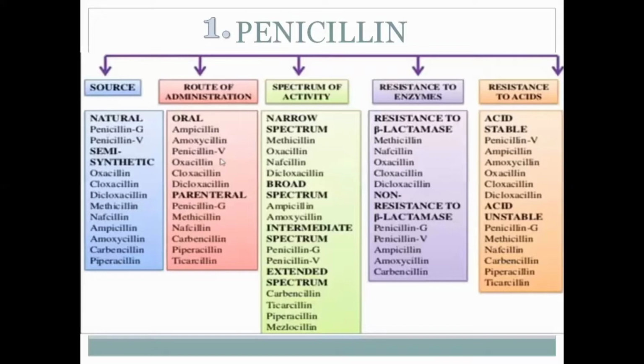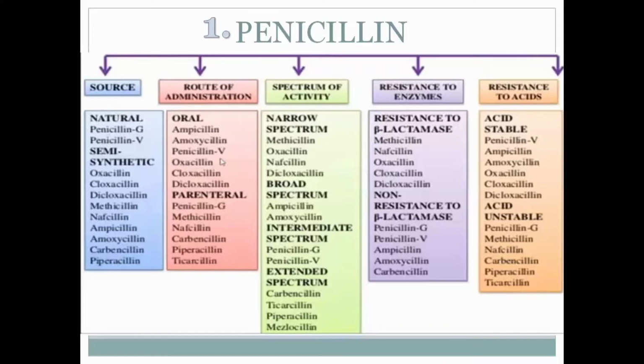They have a very low dose, but you have a very strong effect. The narrow spectrum includes methicillin, oxacillin, nafcillin, and dicloxacillin. In the intermediate, we have penicillin G and V, as I've said, and the extended spectrum includes carbenicillin, piperacillin, and mezlocillin.